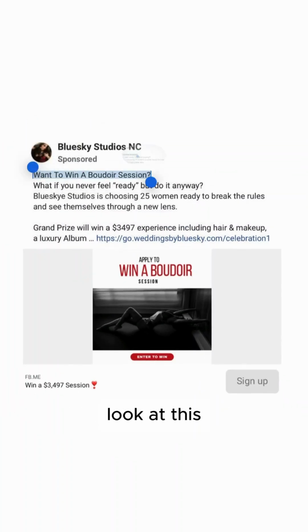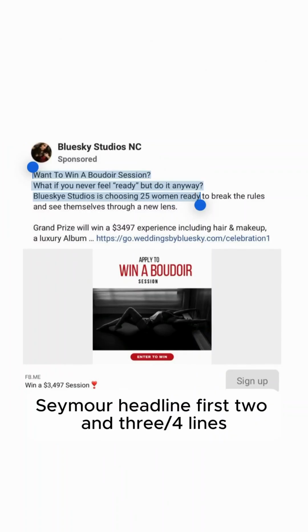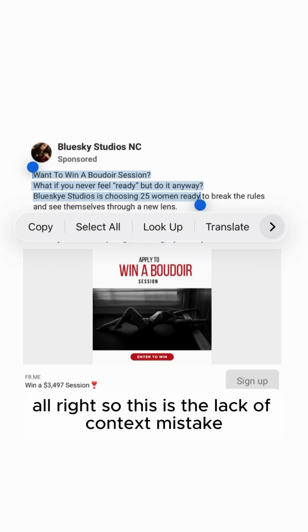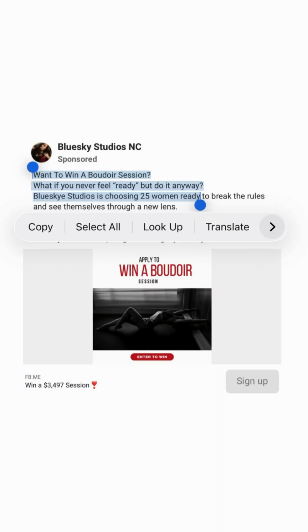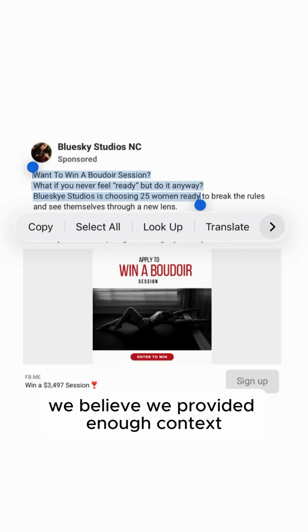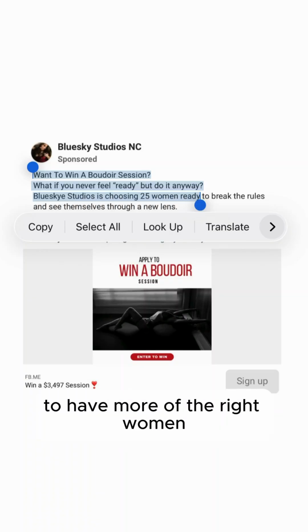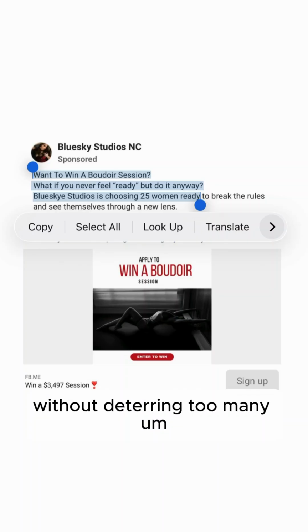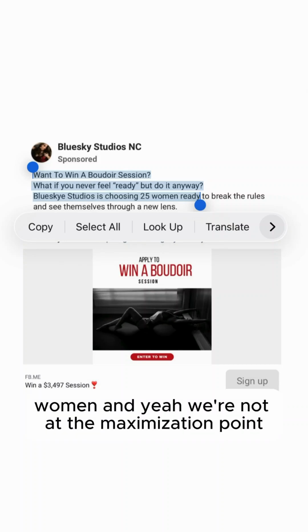Finally, let's look at the see more headline. First 2 3/4 lines, Facebook mobile newsfeed. Boudoir session. All right, so this is the lack of context mistake. The false belief that caused us to make this mistake is we believe we provide enough context to have more of the right women, or to maximize the number of women clicking into our ad without deterring too many women.